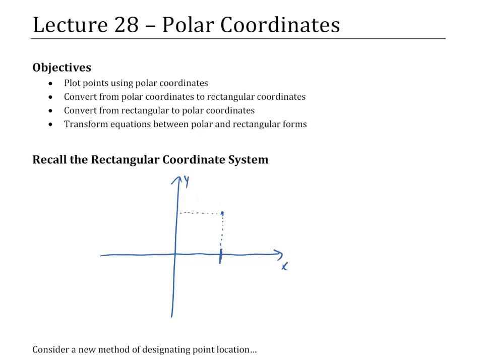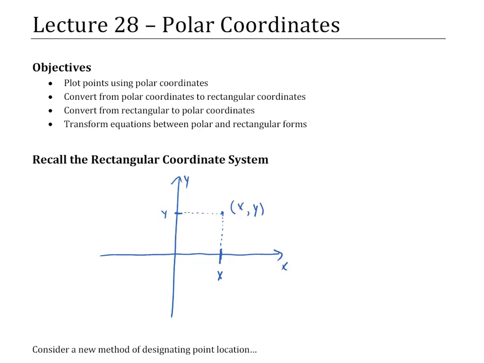And so this value on the x-axis we call x, or the first coordinate of the point, and this value where it hits the y-axis is called y. So if it hit 2 and 3, that would be (2, 3). But that's how we assign a location via coordinates as an ordered pair in the rectangular coordinate system.